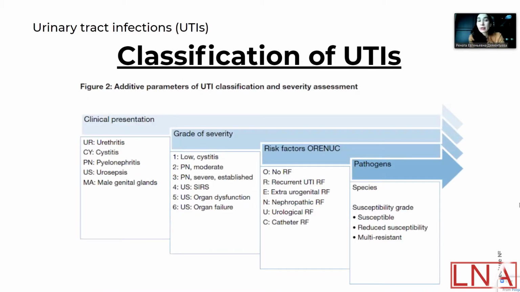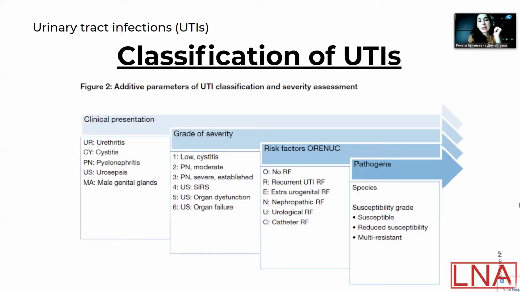Another type of classification adds parameters of urinary tract infection classification and severity assessment. In fact, it's similar information to the two previous classifications. Look, clinical presentation by the anatomical structure: urethritis, cystitis, pyelonephritis, urosepsis, and male genital glands.